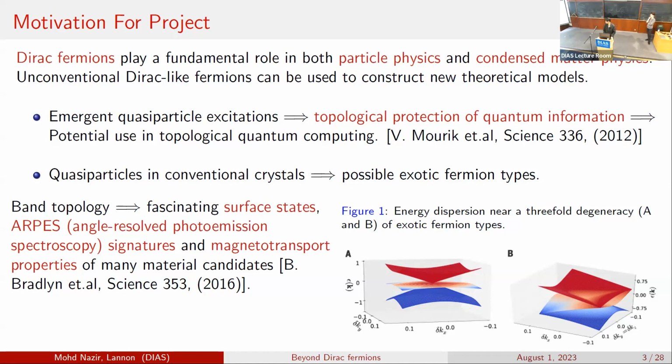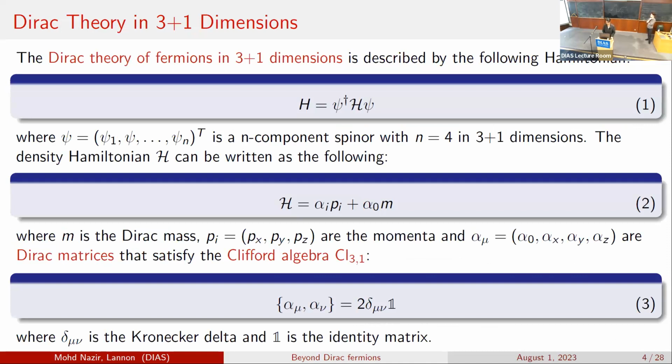And in figure 1, you would have an explicit energy dispersion near a threefold degeneracy of these exotic fermion types in this paper, which is listed at the bottom of the slide, which is perhaps the most instrumental paper of the entire project. It's what it is based on, essentially. And figure A would describe the form of the energy dispersion relations that we managed to obtain in this investigation. And moving on, I'd like to discuss perhaps a general brief overview of the Dirac theory in 3+1 dimensions.